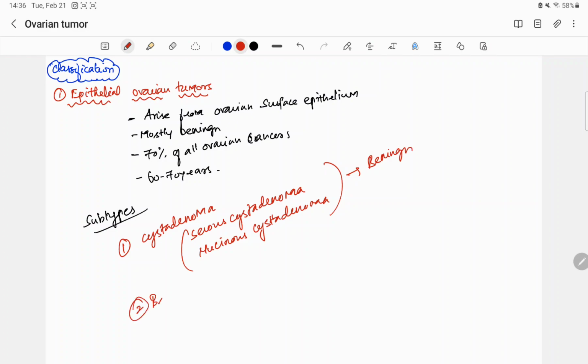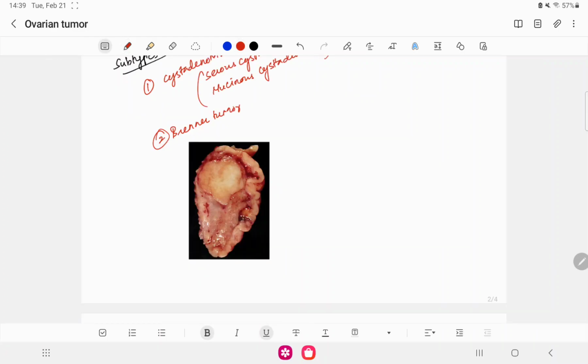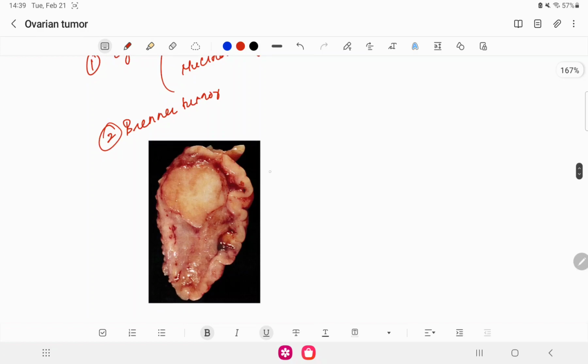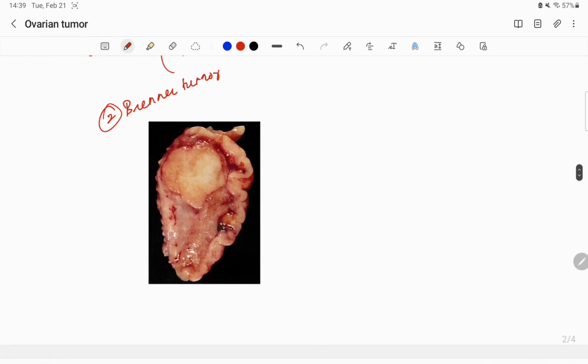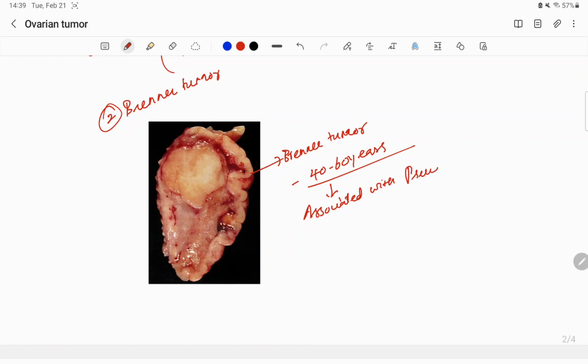And comes the Brenner tumor. This is the classical picture of Brenner tumor. Usually the age of presentation of the Brenner tumor is around 40 to 60 years, and this is also associated with pseudo-Meigs syndrome.